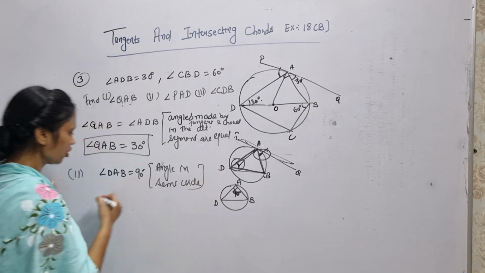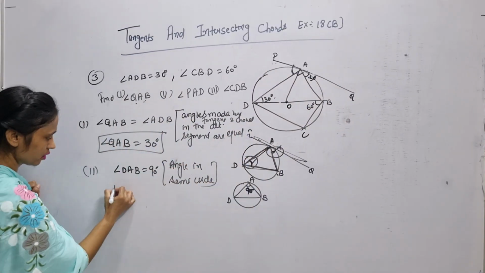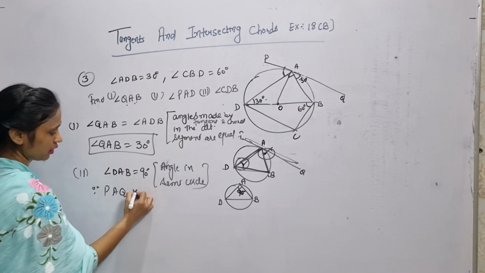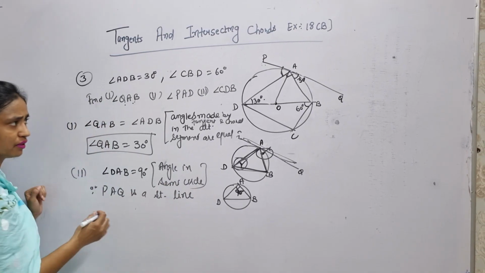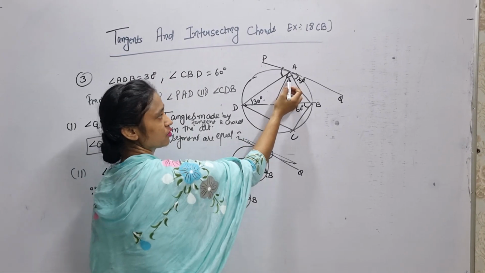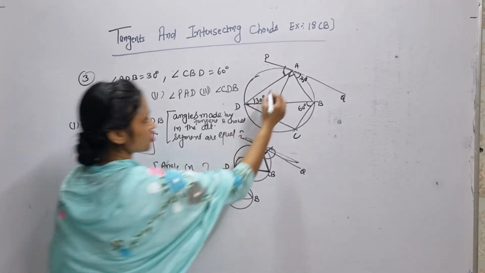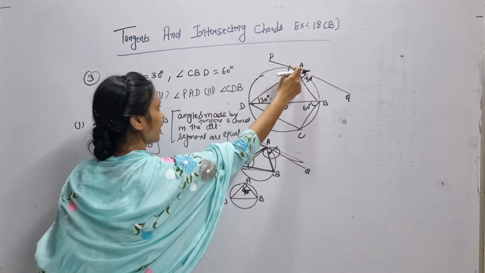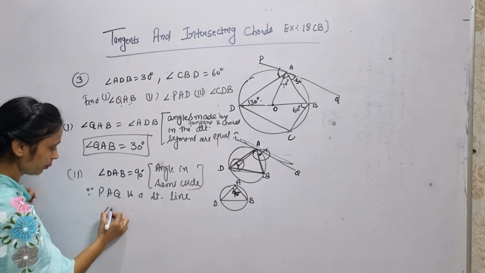Because PAQ is a straight line, the sum of angles on this line will be equal to 180 degrees. So this much is 90 degrees. That means PAD plus 90 plus 30 is equal to 180 degrees.